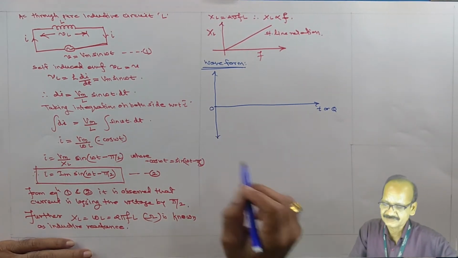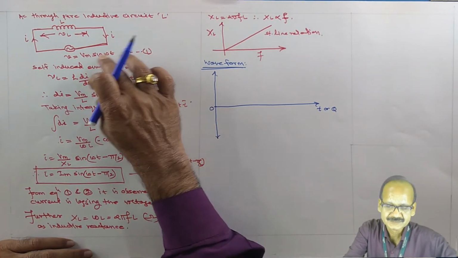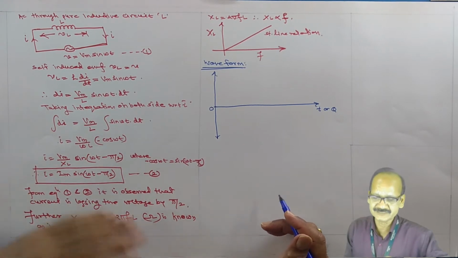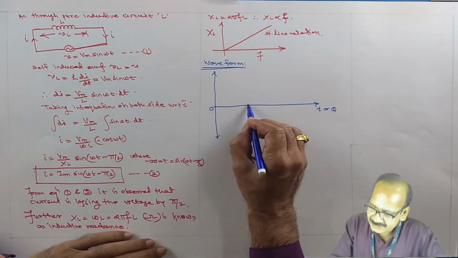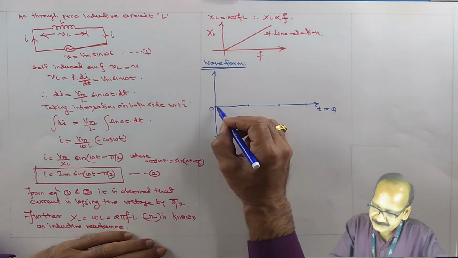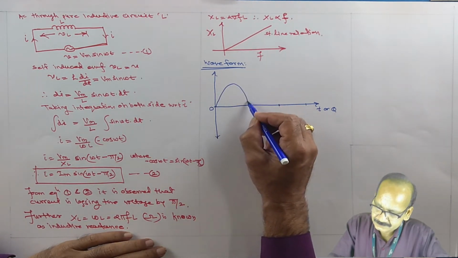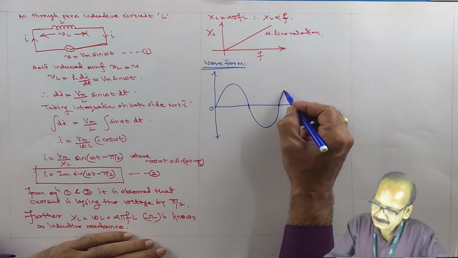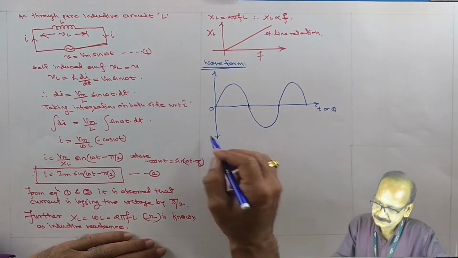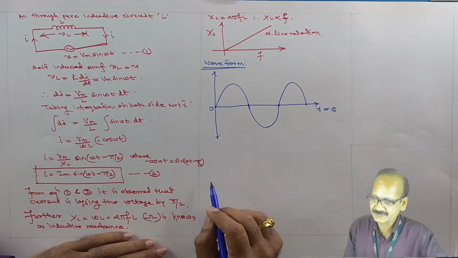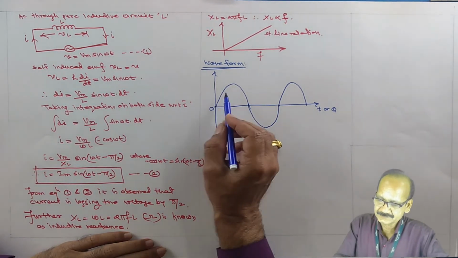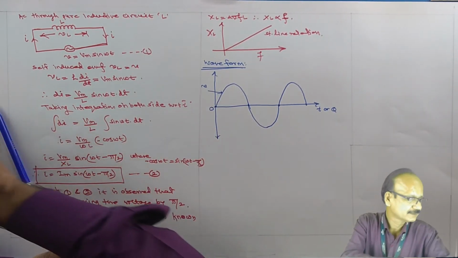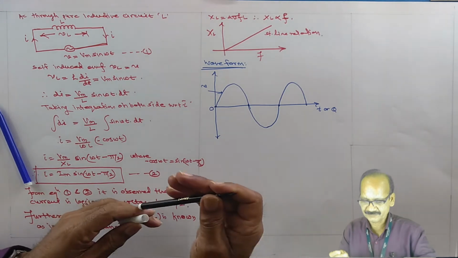Now from equation 1, when t equal to 0, the sinusoidal voltage is 0, and therefore it is a reference quantity. We can draw it like this. So this is the expression for voltage. Then draw the waveform for the current.